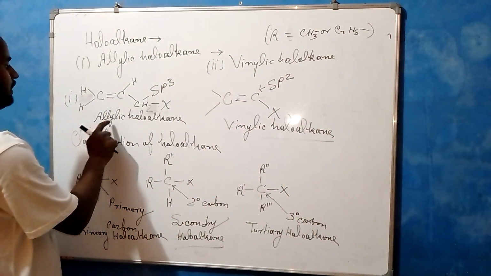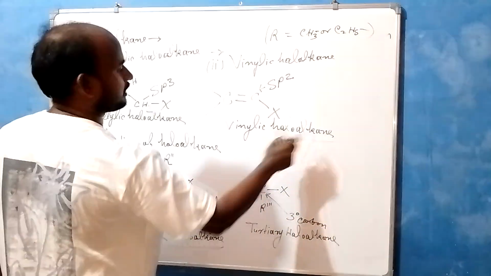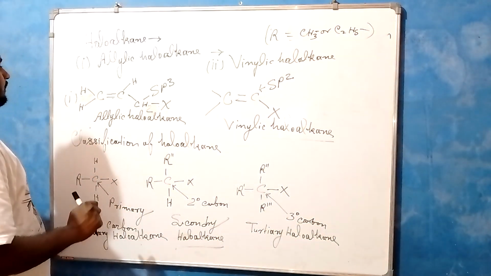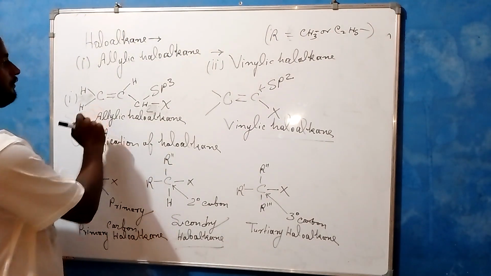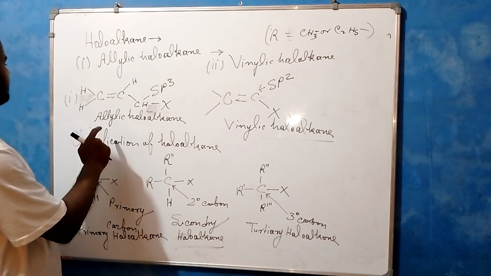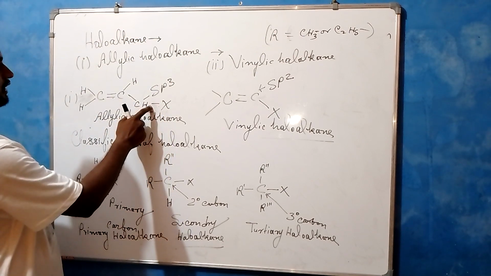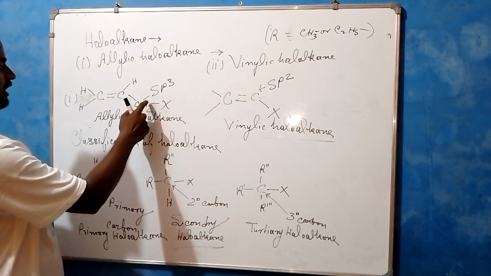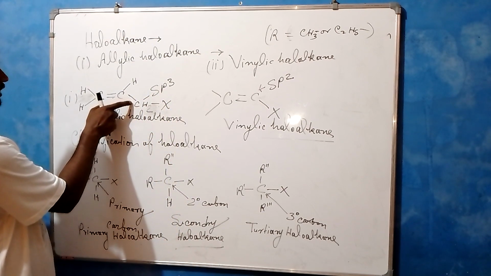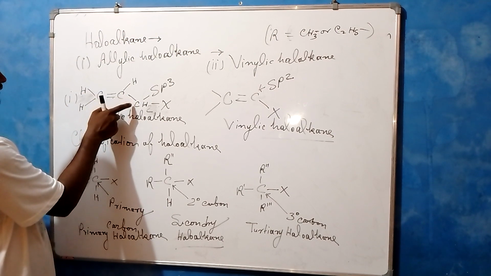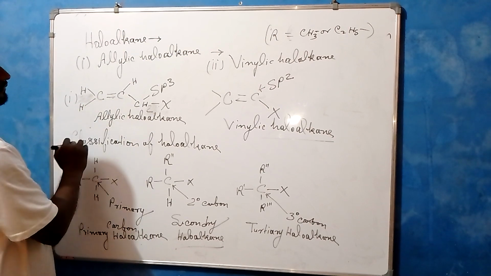In both compounds, allylic haloalkane and vinylic haloalkane, we carefully identify the difference. In allylic haloalkane, the halogen atom is attached to the sp3 hybridized carbon atom which is adjacent to the double bonded carbon atom.